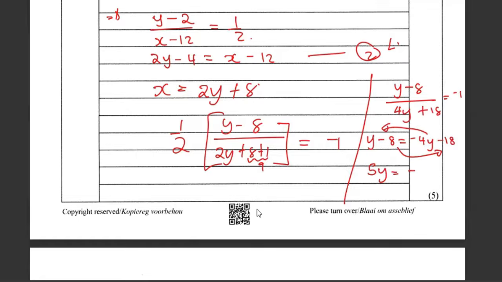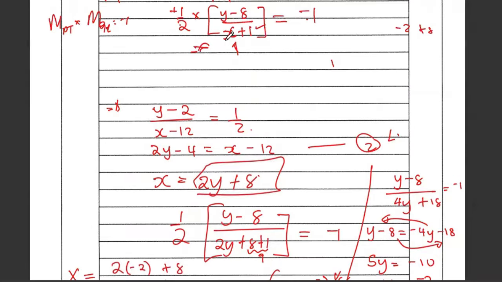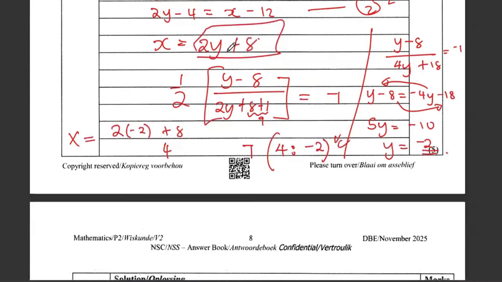So 5y is -10, meaning that y is -2. Then my x, remember the equation that we just found: x is going to be 2 times -2 plus 8, which is 4, meaning that the coordinates of T are (4, -2). That is what I'm getting. I don't know why I was getting lost with the first approach.